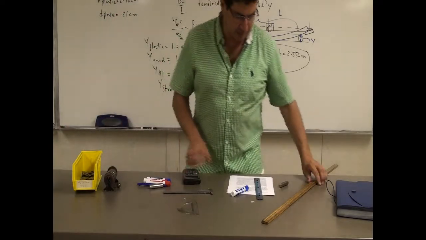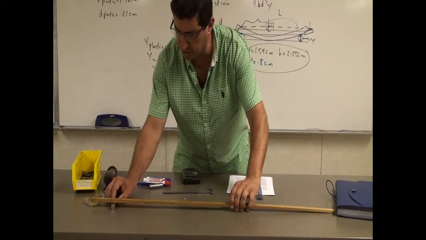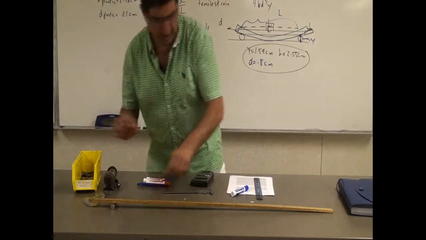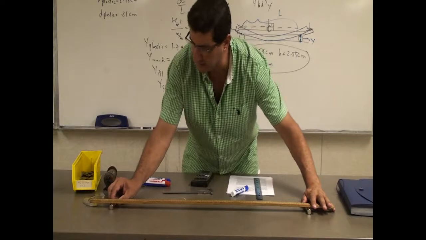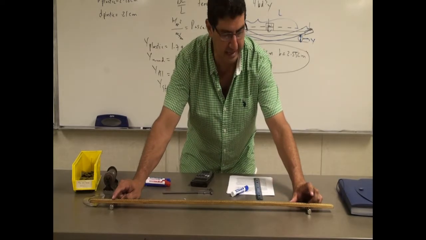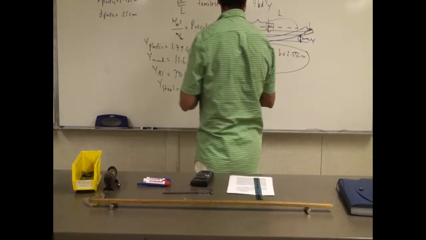Okay, so now let us put the cylinder. I'm going to put the cylinder at the 90 centimeter mark, and the other one at the 10 centimeter mark, 90 and 10. So the effective distance is the length between the 90 and the 10, that's 80 centimeters. So that's my L value, 80 centimeters.